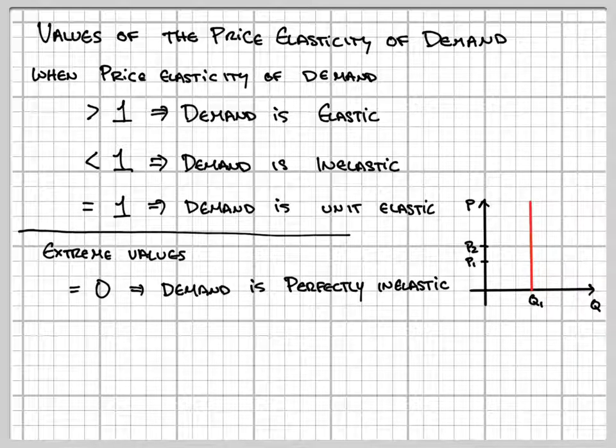The other extreme is where the price elasticity of demand equals infinity. And this is where demand is perfectly elastic. And that means that any change in price at all leads to an infinite decrease in quantity demanded. This really says that if the price goes up, people don't want any of the good anymore. So the good is only demanded at that price.